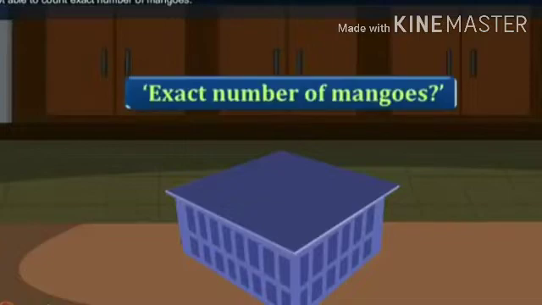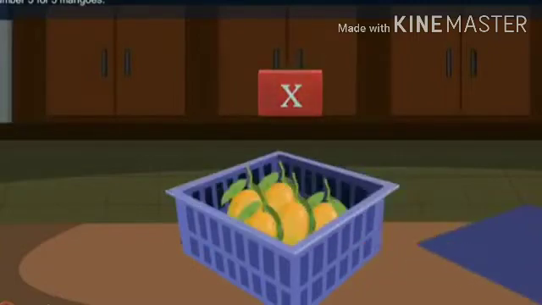From the above example, we have seen that Sonu could not guess how many mangoes there are in the basket because he was not able to count the exact number of mangoes. In such a case, we assume any alphabet, say X, for the number of mangoes. And then he was able to count 5 mangoes.